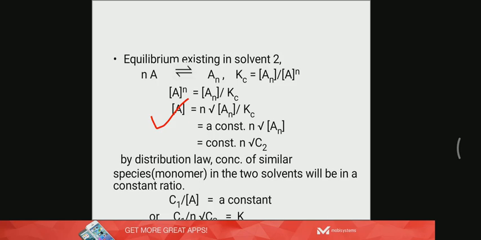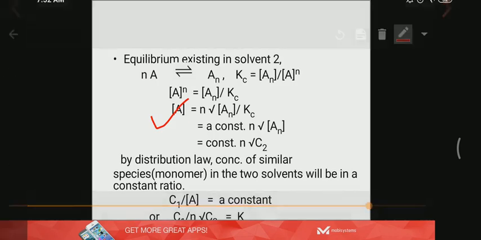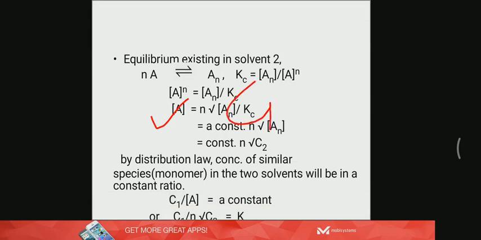Now applying distribution law, the concentration of similar species in the two solvents will be in a constant ratio, we know. So C1 by the concentration of A in solvent 2 is a constant. Substituting for A, C1 by the nth root of C2 is equal to K, right?